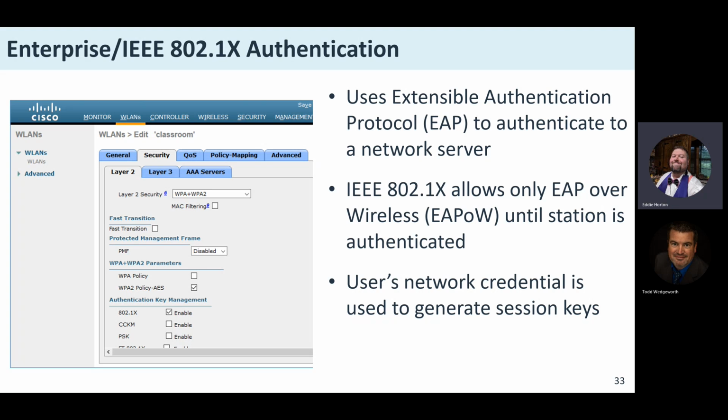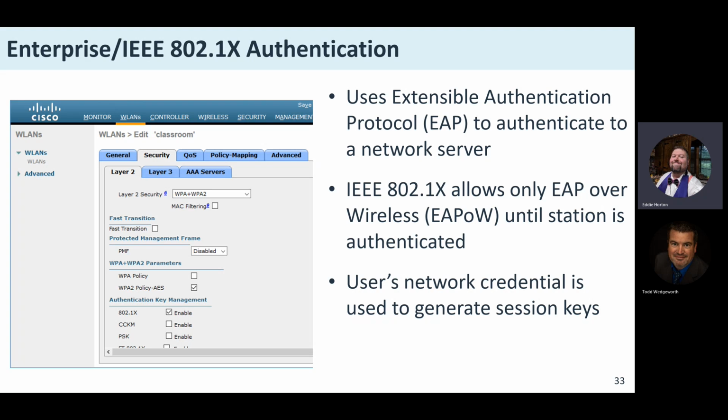Most enterprises, though, are going to use this 802.1X authentication. And this is that Extensible Authentication Protocol. It basically uses that EAP over wireless to connect to a RADIUS server or a TACACS server, one of those. Generally, you need to know the other ones for the exam, but everything you're going to do is RADIUS, because RADIUS will connect to Active Directory.